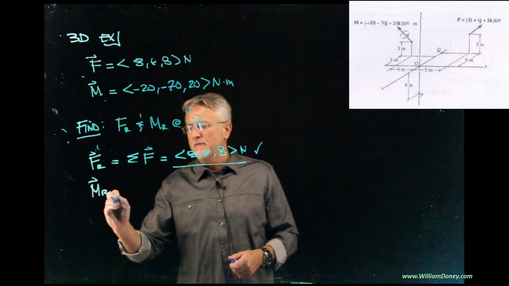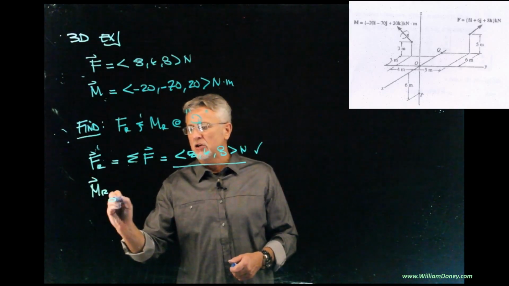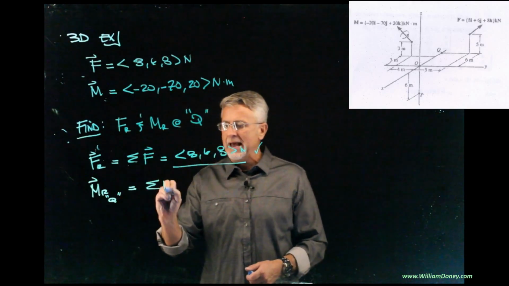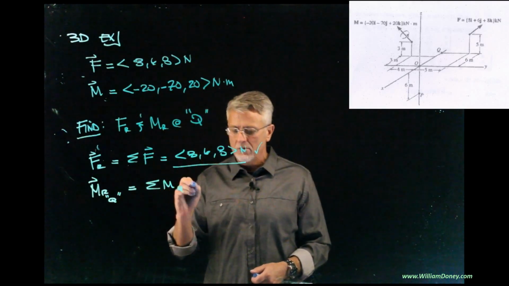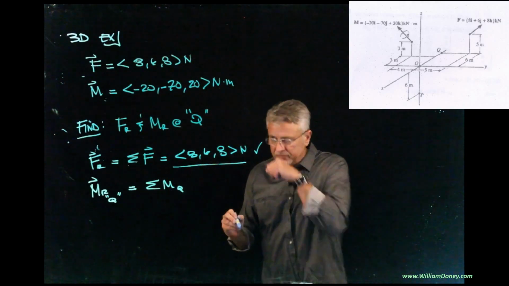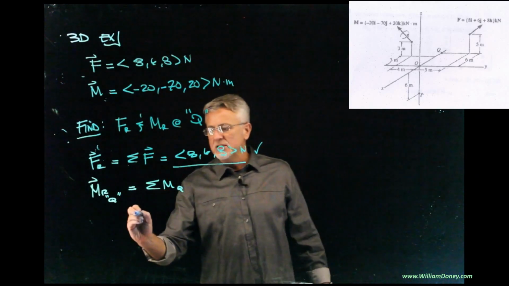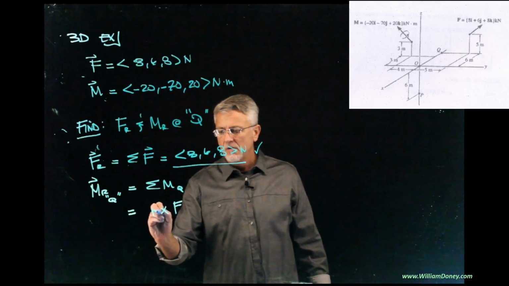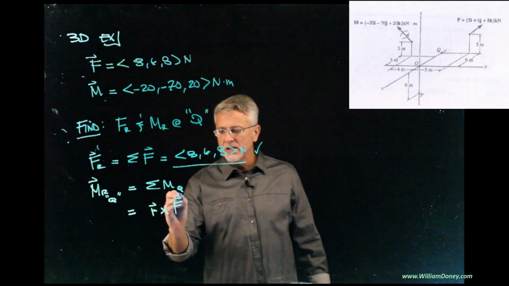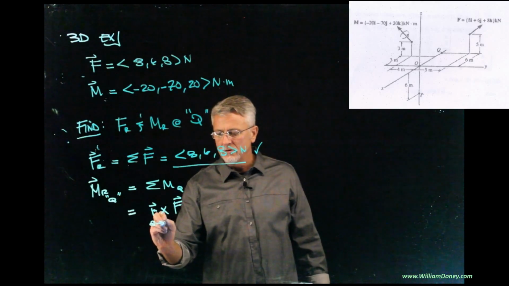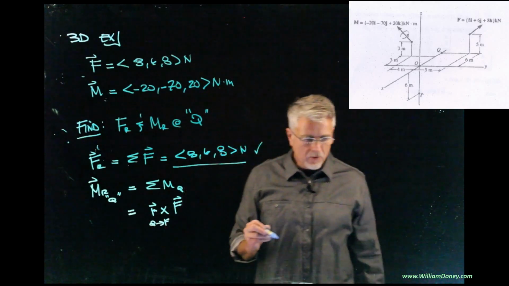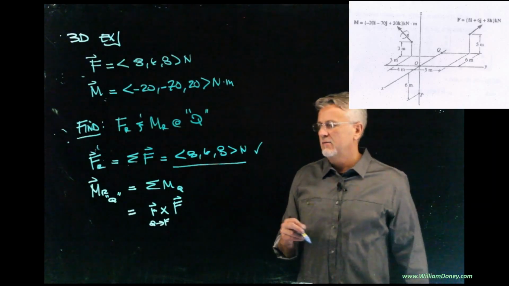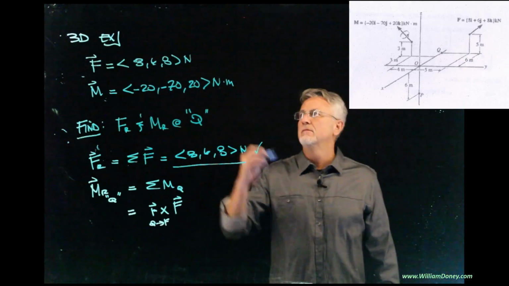Now we're told to find the resultant moment about Q. So I'm going to add up all the moments about Q. And because of our situation, the first moment is going to be the R cross F. And that R is going to go from point Q to the force. And that force is acting at, well, I don't have a point up there. We can call that, I don't know.